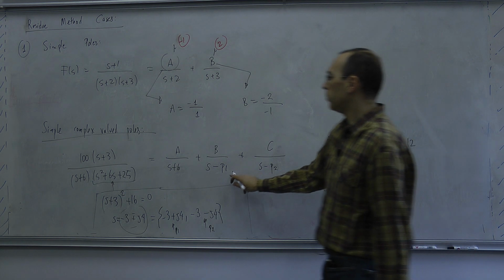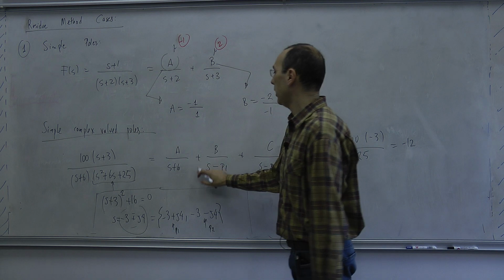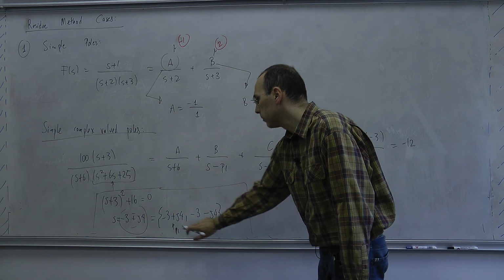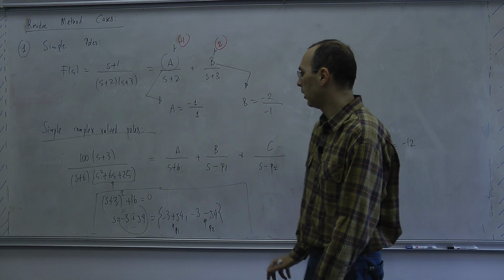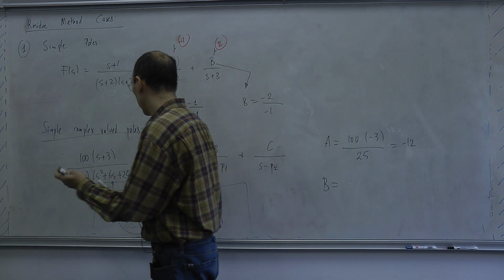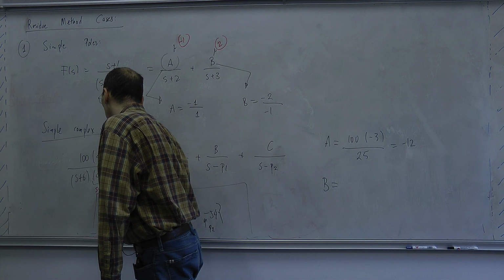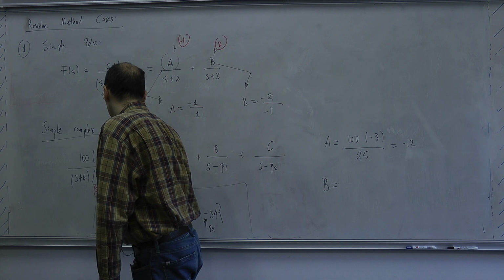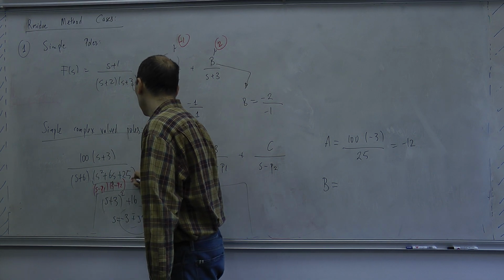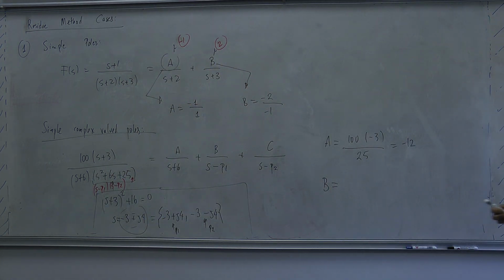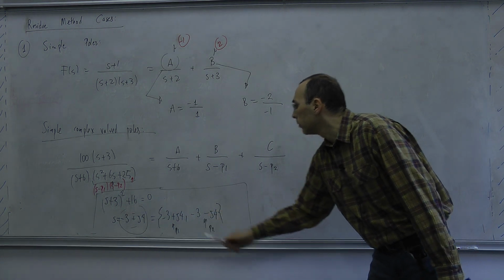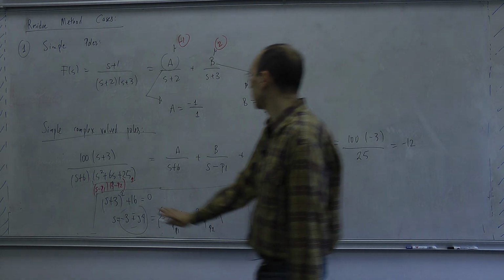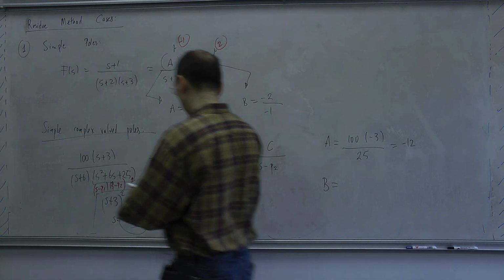So for b, I multiply both sides by s minus p1. p1 is this. Okay, so if I write this one as s minus p1, s minus p2, where p1, p2 are these. I have the cancellation of this term and I should do the substitution.